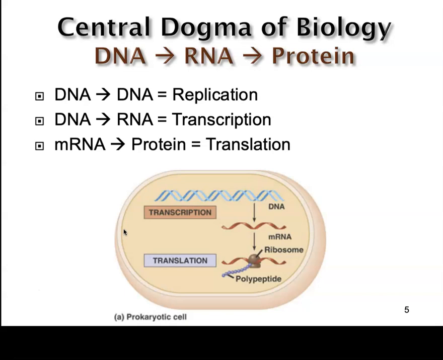All right, let's talk about something called the central dogma of biology. This overall principle, which more or less works, there are some exceptions, is the idea that the genetic material inside DNA gets copied and then it can be used to make protein.